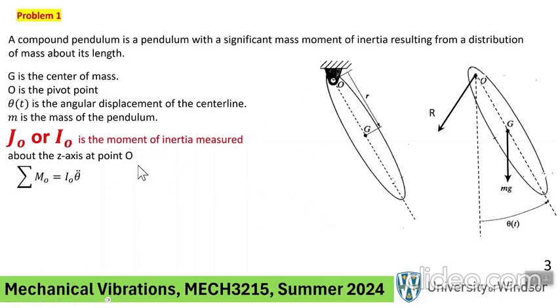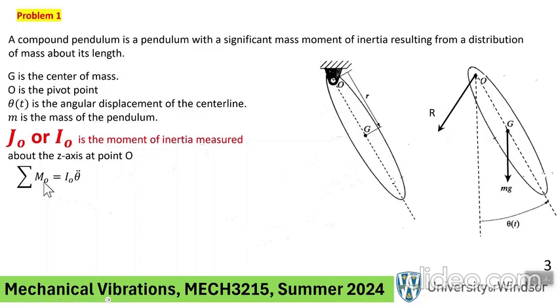Okay. So from a second year dynamics course, you know that for a simple planar motion that we have here, the sum of all the moments about any fixed point is I about that fixed point, I about O, times angular acceleration, which is theta double dot. Okay? So let's see now.